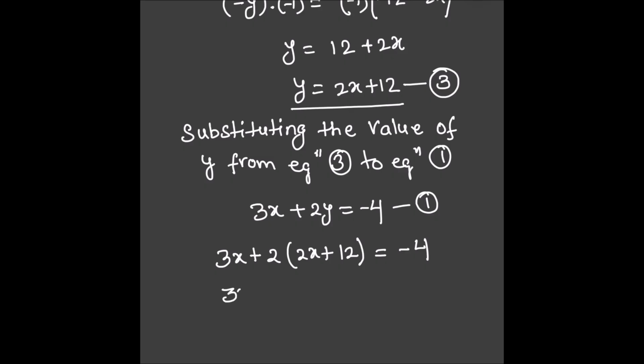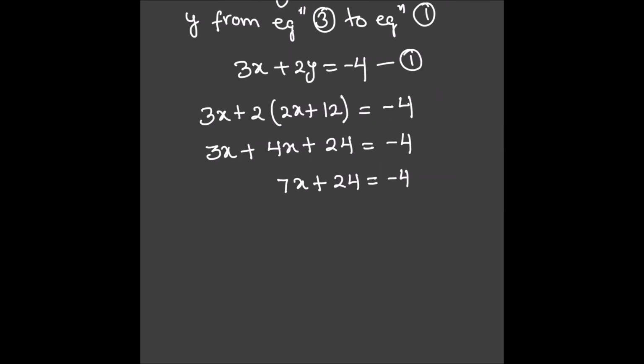Let's solve it further. So this is 3x plus 2 times 2x, which is 4x, plus 2 times 12, which is 24, equals negative 4. And 3x plus 4x will be 7x plus 24 equals negative 4.